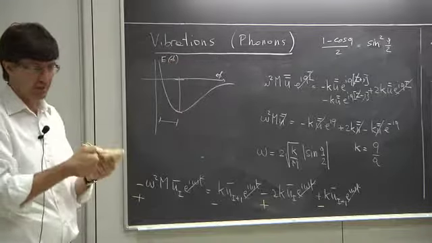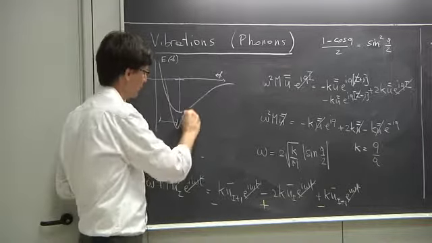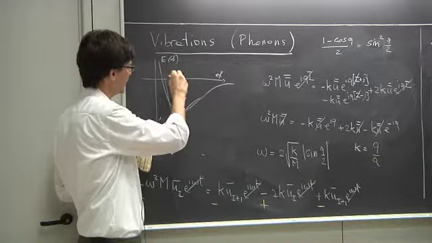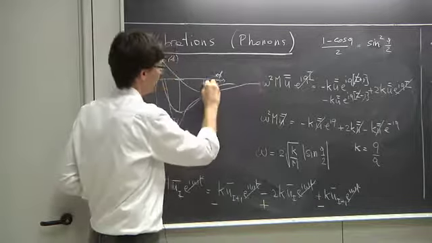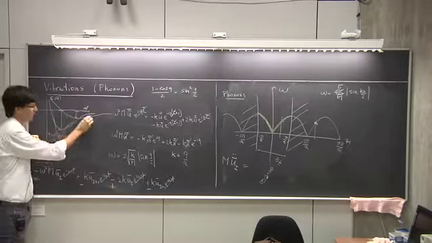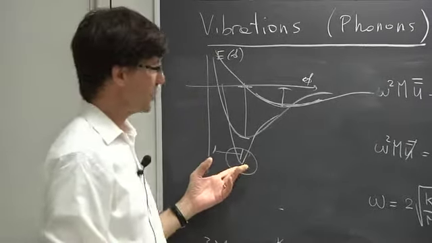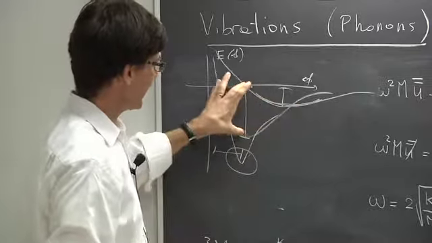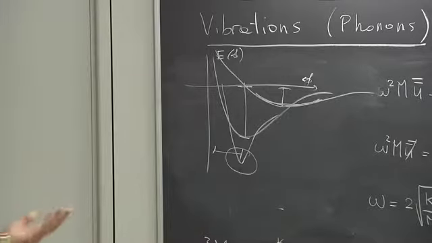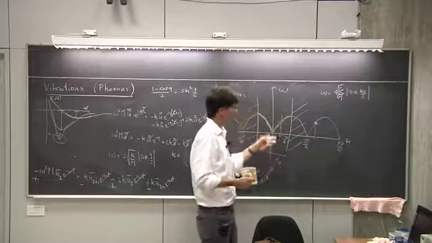Strong bonds also mean that the bond is short, so a strong bond inevitably means that the curvature is very large. Weak bonds, on the contrary, are typically very shallow and the equilibrium length is very long, so the curvature is very small. So you can correlate the binding energy with the stiffness. They go together. If the bond is stronger, K will be larger, and therefore the frequency will be higher.